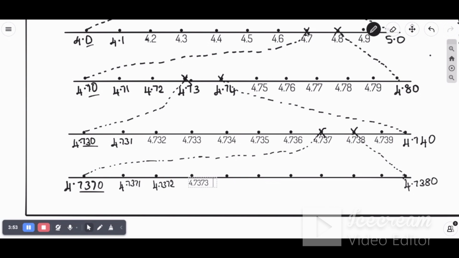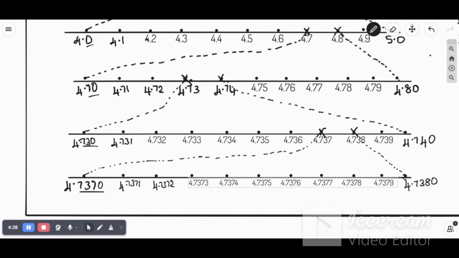Okay, and next you have to put your 4.7374, and next will be 4.7375, 4.7376, 4.7377, 4.7378, 4.7379.